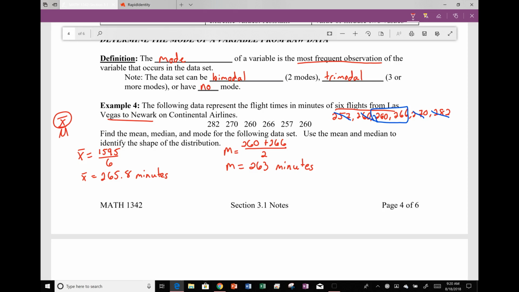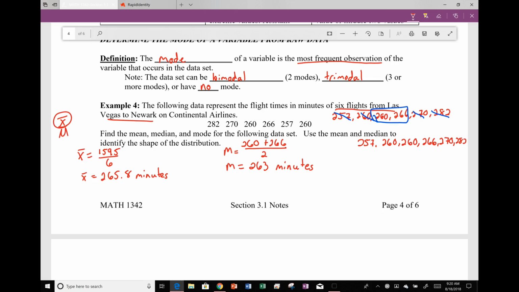Now then, I want to look at the mode. And it's easier if I look at the mode for the data whenever it is in order from least to greatest. Because I can then see, does anything occur more than once?